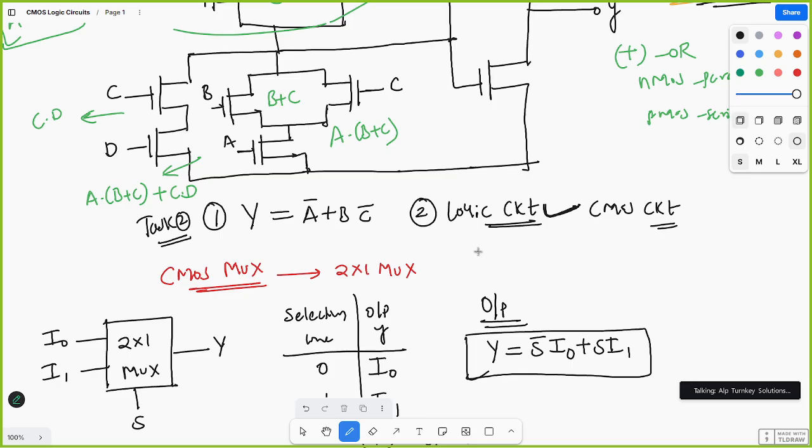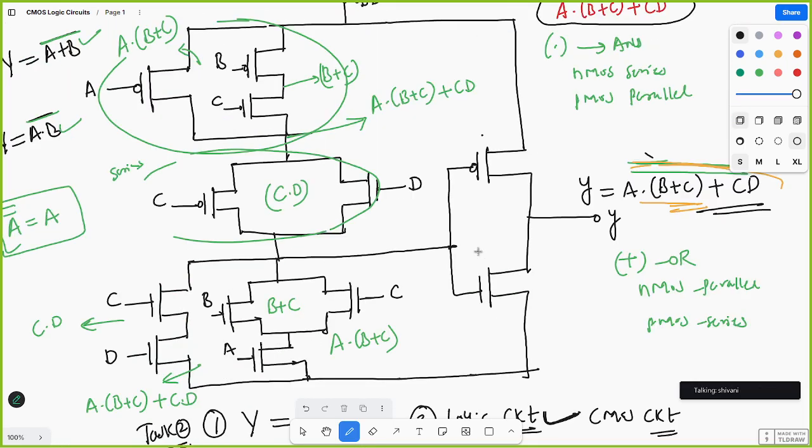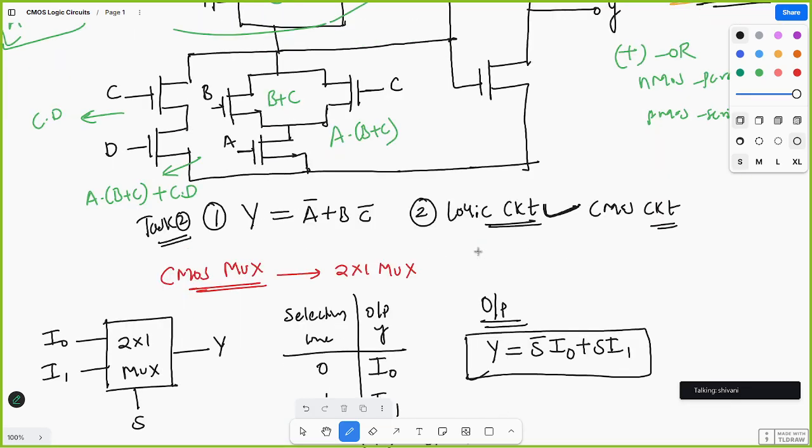Yes, any doubt or any query? Sir, now second one you told logic gate of NAND only, no? No, that is a combinational circuit. Actually, you go through my lecture series on the digital. I gave one logic circuit in the realization of this one.